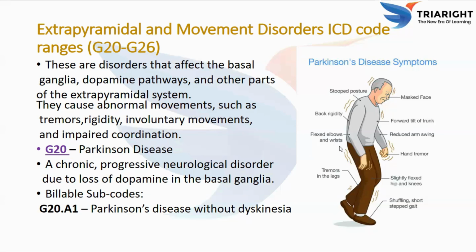You can see the tremors in the legs and also the hands, the slightly flexed hip and knees, and also the shuffling, short step gait. So these symptoms reflect the movement control problems that occur due to a dopamine loss.